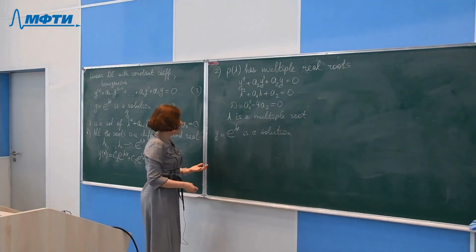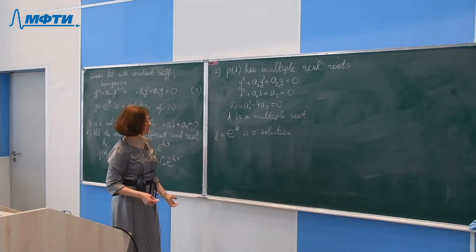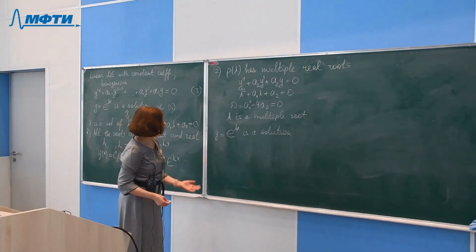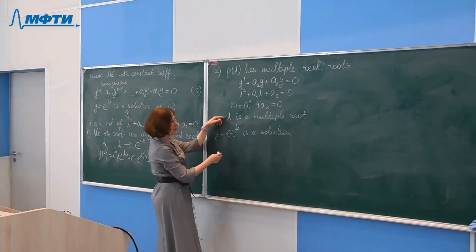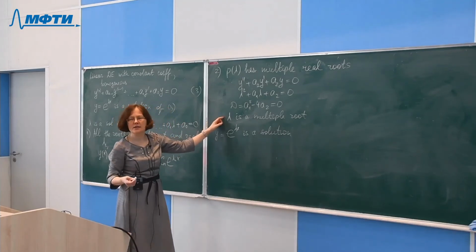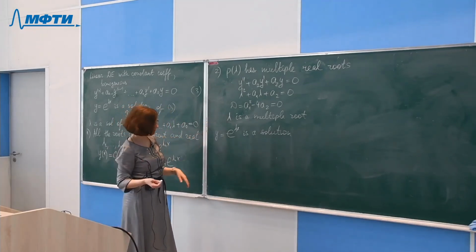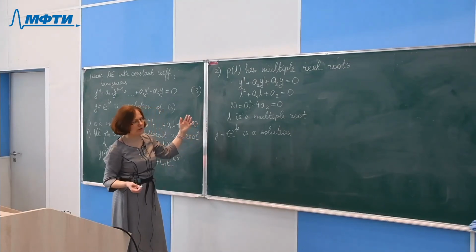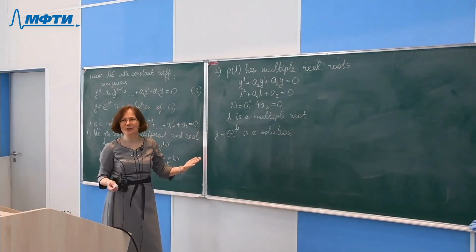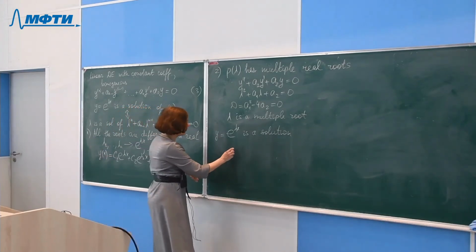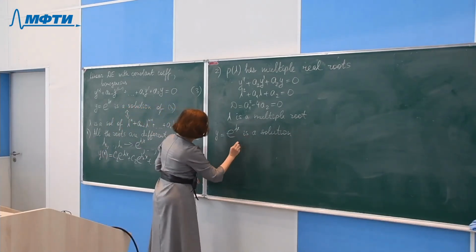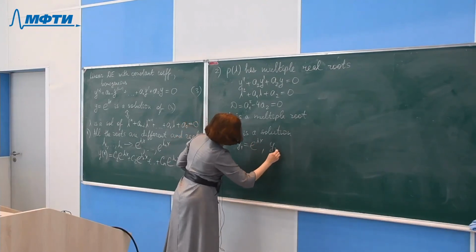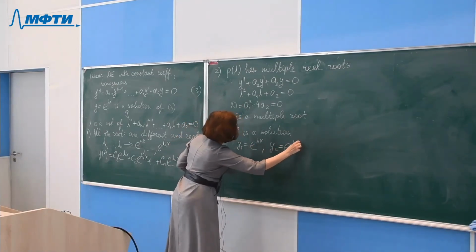But what can we do with the second solution? Since lambda is a repeated root, we could try to form two functions: y1 is this, and y2 is the same function as before.